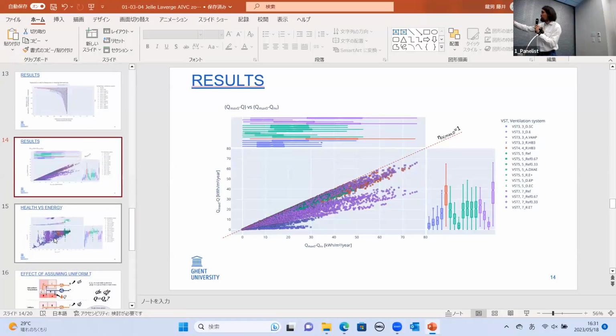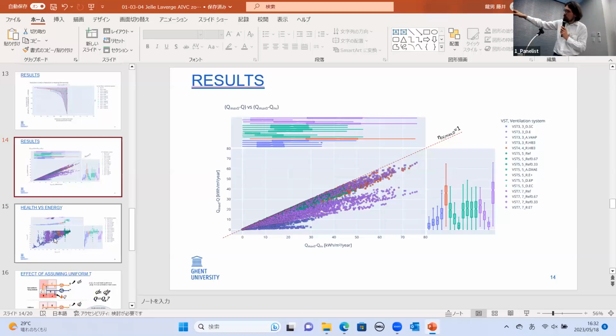So what we see here is the result with on the x-axis, the reduction in heat loss, and on the y-axis, the maximum reduction of heat loss. And so you would expect things to be clustered around the nominal efficiencies of the heat recovery or the demand control factor of these systems.